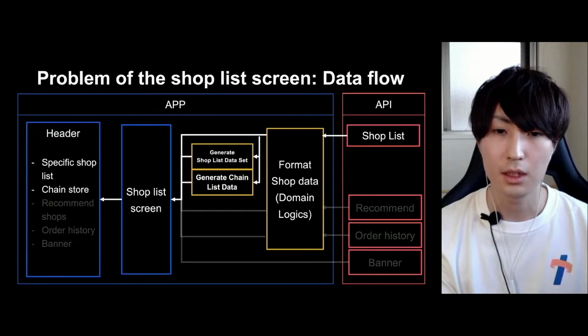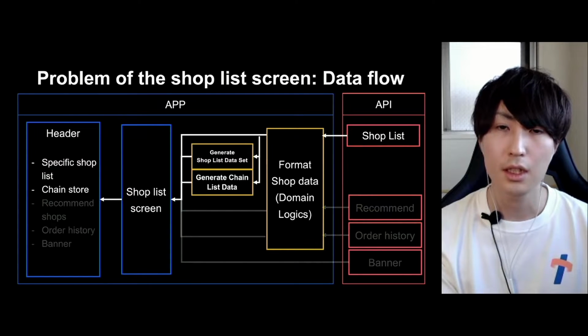For all shop data, in addition to the data formatting process, we also had to generate other data. This data is used to display special store lists, such as a list of new stores and a list of stores running promotions, and lists of shop chains like hamburger chains and pizza chains, and these are used for the header position.